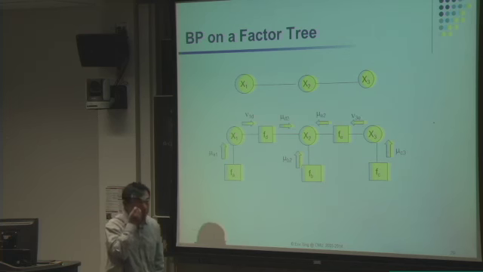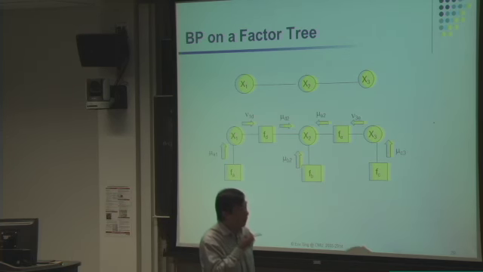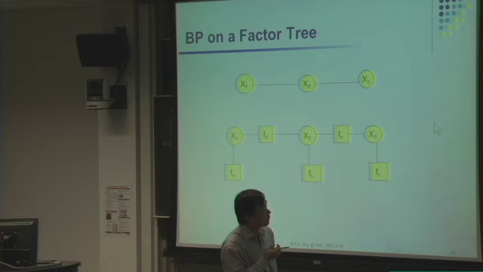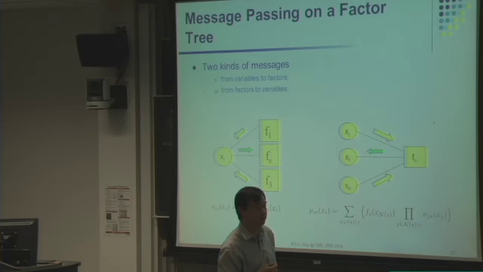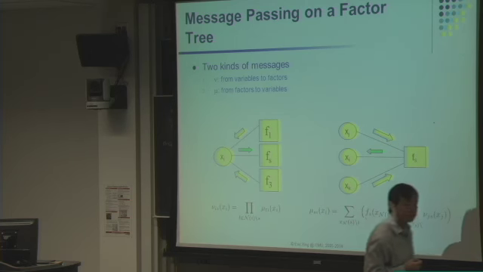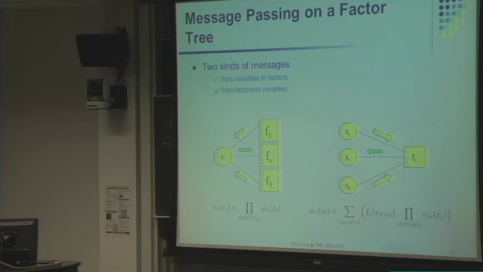Can we go back to the message passing on a factor tree? Okay. This one is message passing on the tree. When you calculate the message from variables to factors, you are using the values of the message from factors to variables.